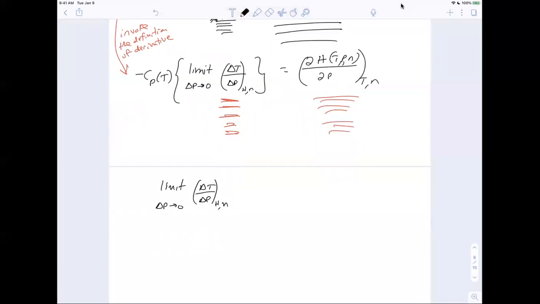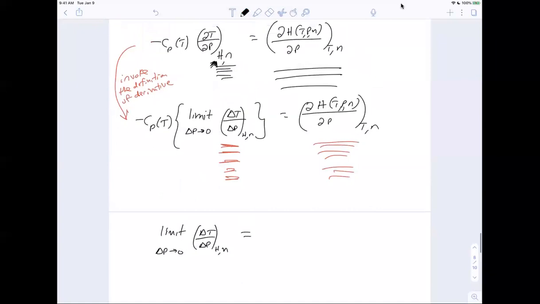Of course, the words are cumbersome, whereas when you use the math, it's very simple. What this is saying is the limit as delta P goes to 0, or to some very small number, of this ratio delta T over delta P, if in your experiment enthalpy is constant, as well as N, the amount you have in your system, is equal to this partial derivative of temperature with respect to pressure at constant enthalpy and constant N.